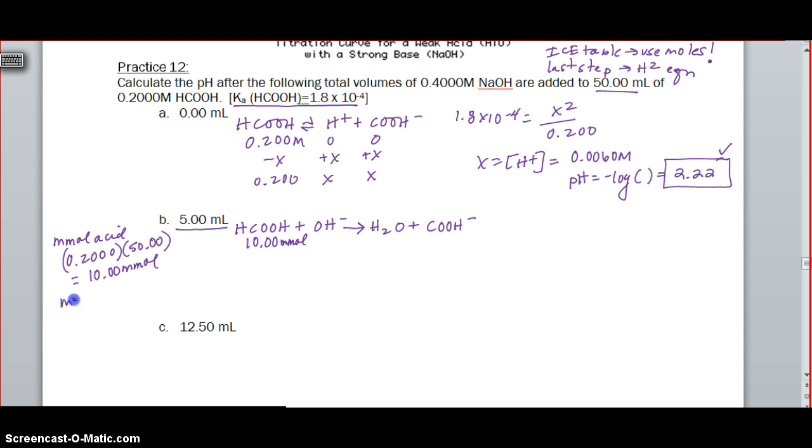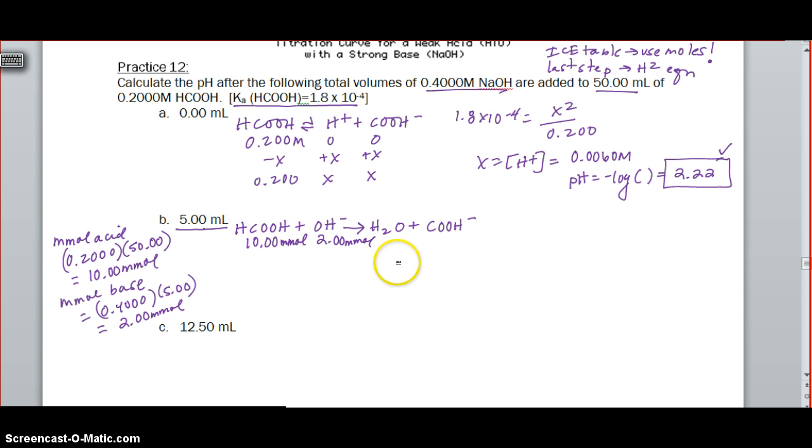And then millimoles of base, it's 0.4 molar, and for this part we've added 5 milliliters. I want to do that each time so that we know what our starting is. So 2.00 millimoles.